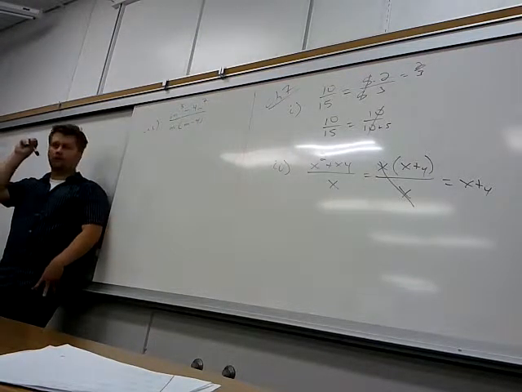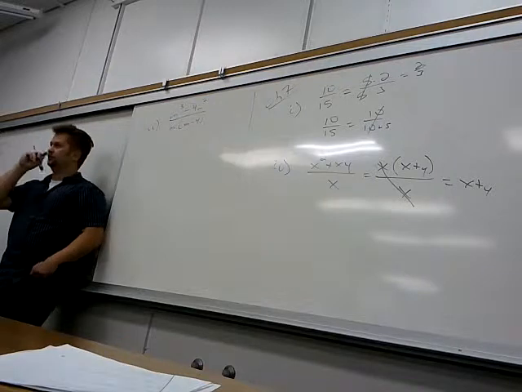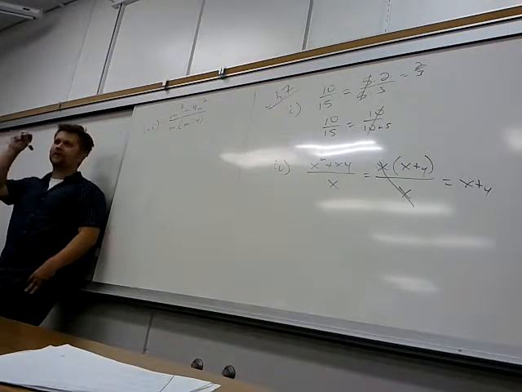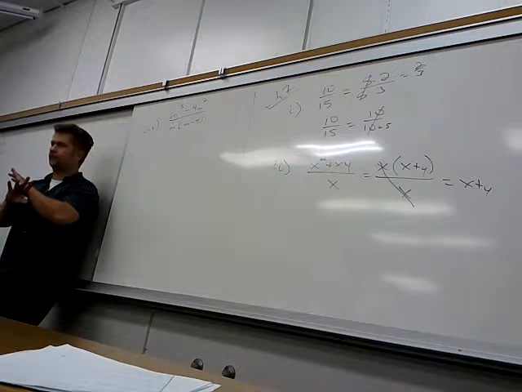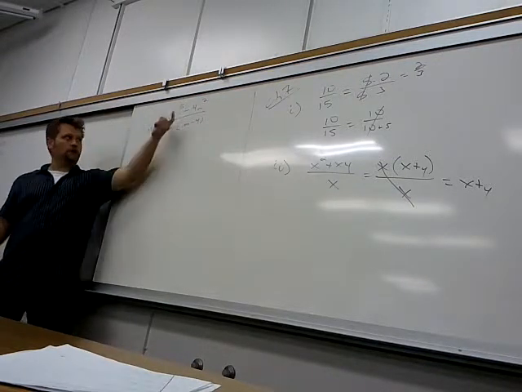Part of your brain is gonna want to do more than you're allowed to do. You gotta tell yourself, the first step is to factor anything that isn't currently factored before I try to cancel anything. So what can you do on the top there?